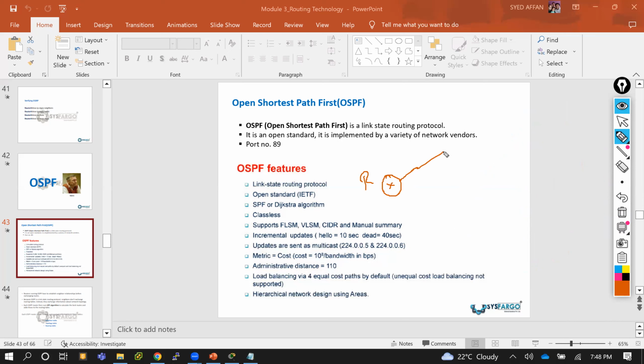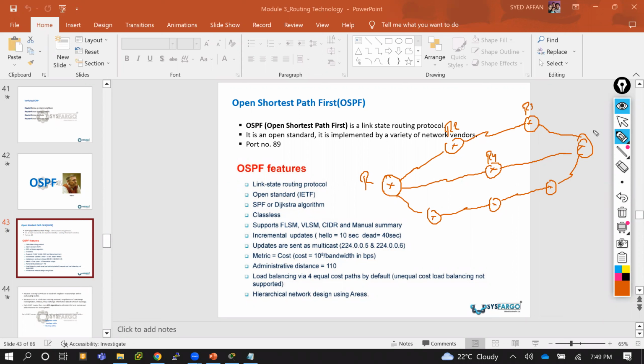I am connecting to router 2, another router 3, and then router 4, and finally router 8.